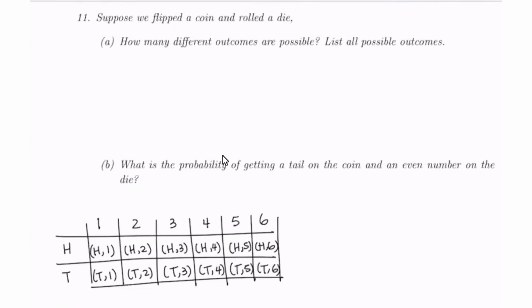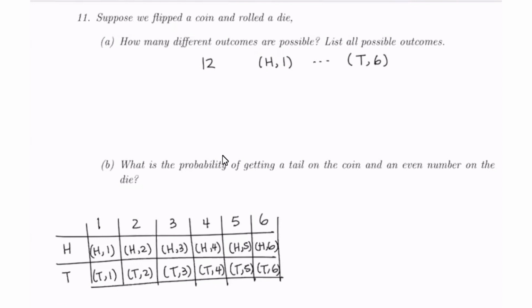I think I mentioned it last time: anytime you play with the die, making a table is the easiest thing you can do. So there are 12 possible outcomes. To list all outcomes, you write head 1 all the way down to tail 6. Those are the 12 outcomes.